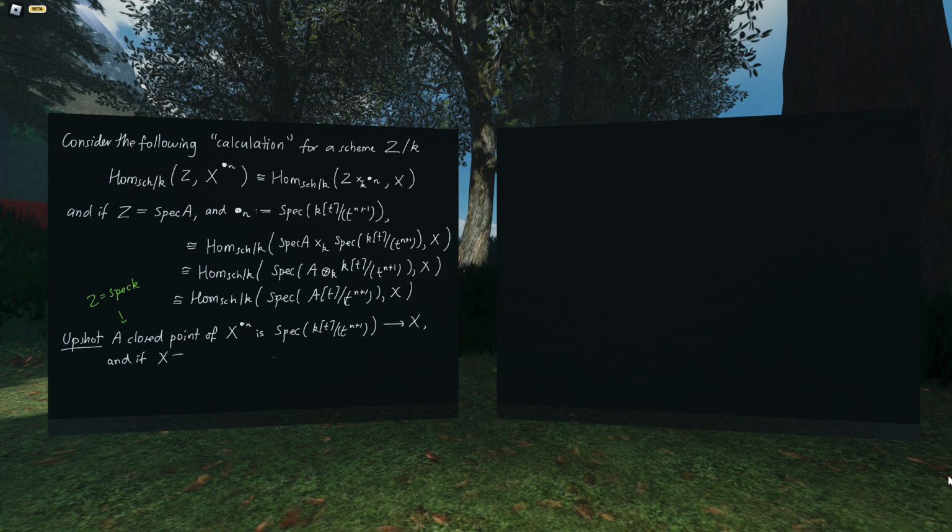And if X itself is affine, this is the same as a morphism of algebras, the other way, from R to K[T] modulo T^(n+1).